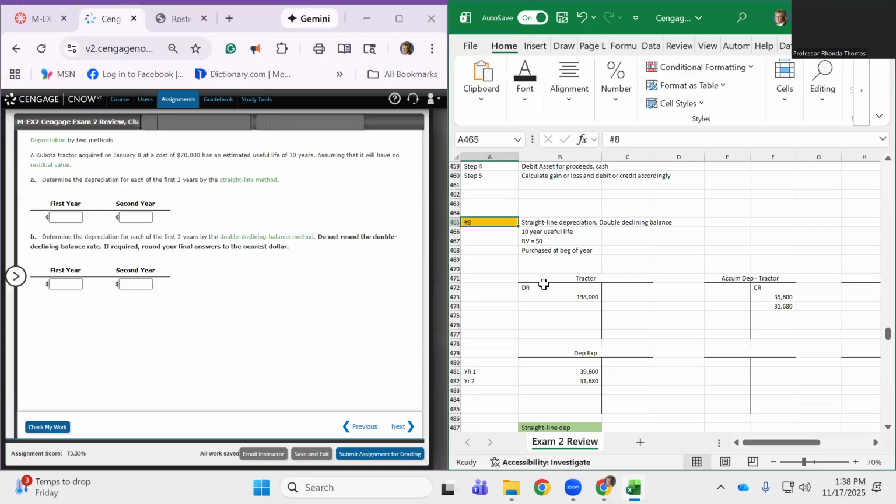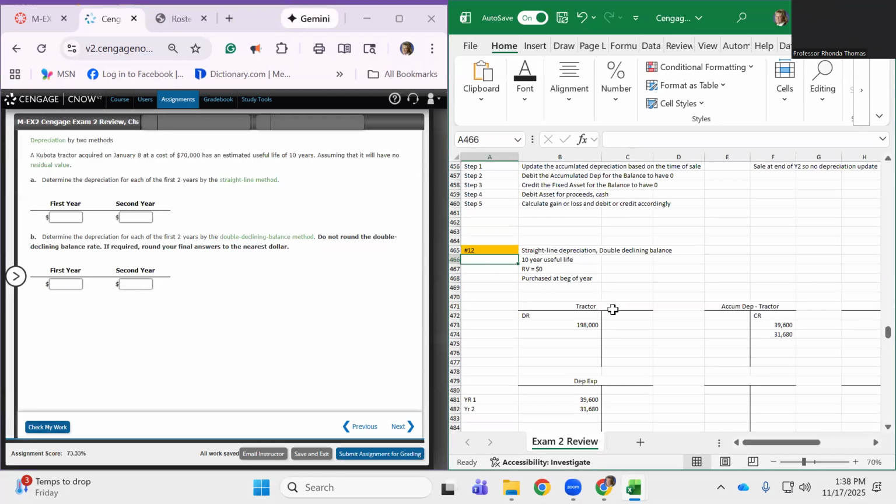Okay, this is number 12. Straight line depreciation, double declining balance. We have 10 years. The residual value is 0, but we checked it. It happened at the first of the year. So the tractor is $70,000.